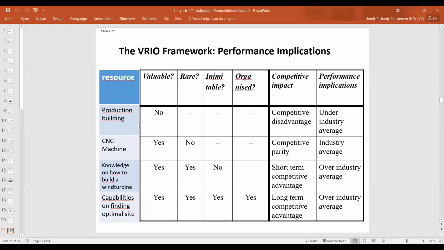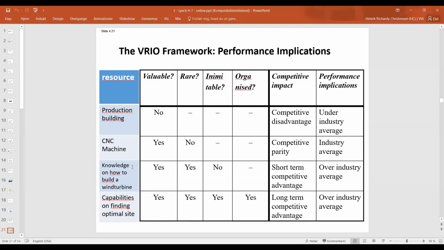Then looking at another resource, CNC machinery. Is it valuable? Yes. Is it rare? No. Is it inimitable, etc.? No, not necessarily. But it could be something that could give us a competitive parity. So that means that it's something that helps us stay in business. Another resource is knowledge. And now here, please remember that resources consist of tangible, intangible, and capabilities.